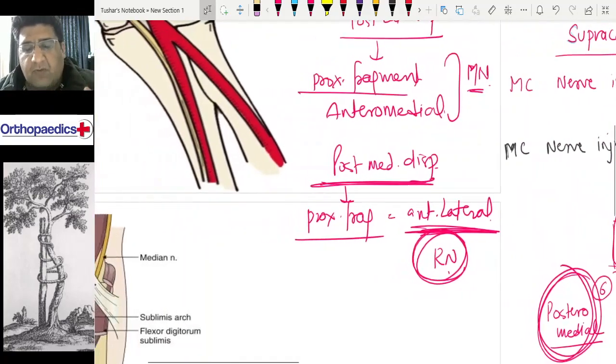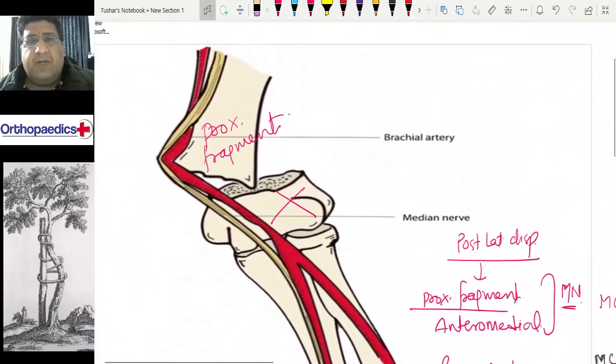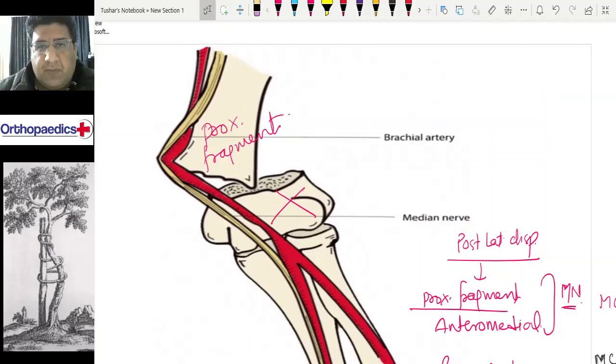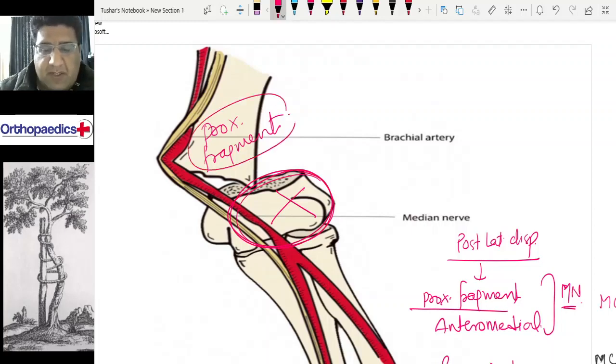Your second question was that in a posterolateral displaced fracture, why do you say anterior interosseous nerve injury, because on their side we have radial nerve injury. So I told you that in posterolateral displacement, the distal fragment goes posterolaterally, but that doesn't matter. What matters is the proximal fragment, which goes anteromedially. So displacement is due to the distal fragment, I agree, but the neurovascular injury is due to the direction of the proximal fragment.